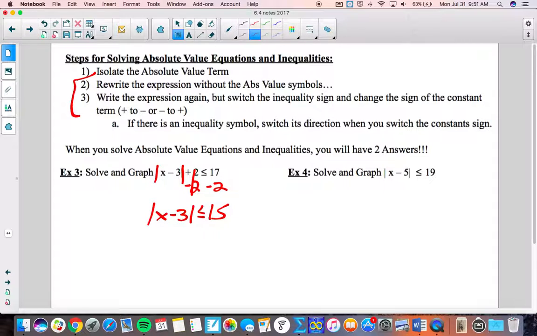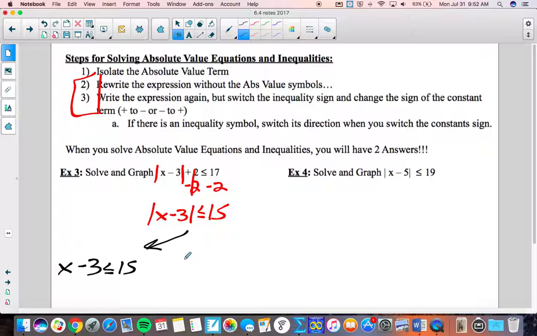Now we do our split. These two steps are essentially doing the split. So we rewrite the expression without the absolute value sign: x minus 3 is less than or equal to 15. The second part of the split is writing the expression again, but switching the inequality sign and changing the sign of the constant.